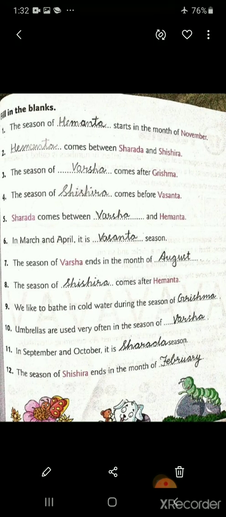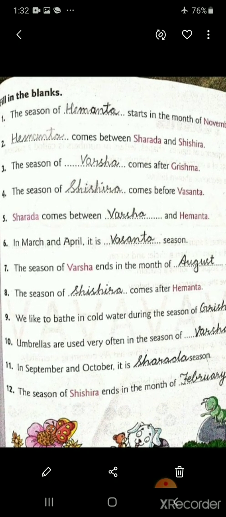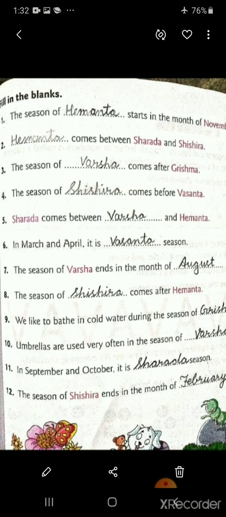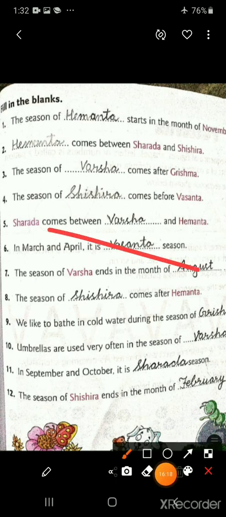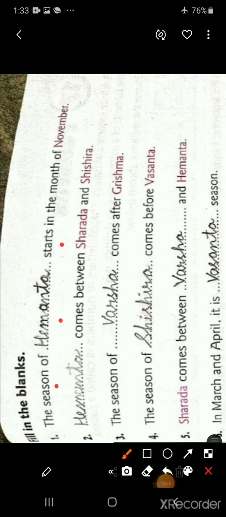Fill in the blanks. Now you have to write here in the blanks the Hindi seasons' names. So let's start. The season of dash starts in the month of November. Which season?